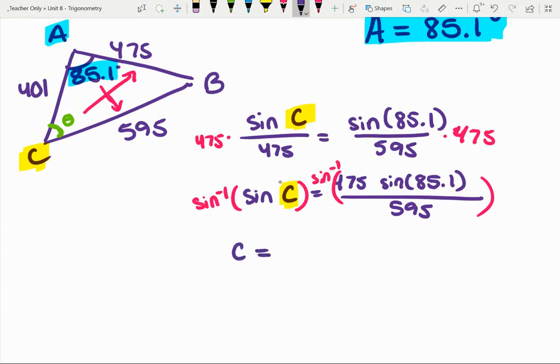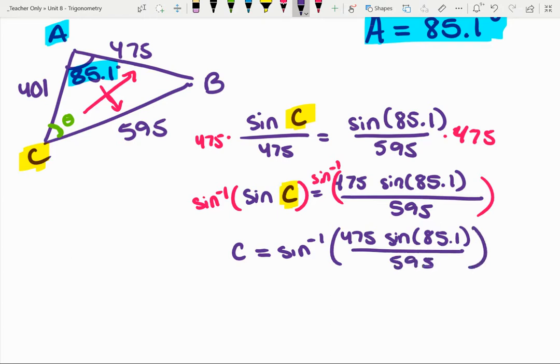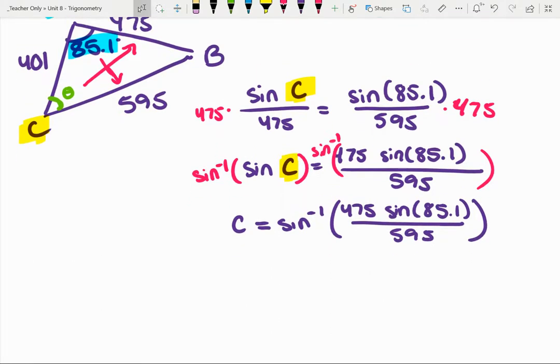So C will be equal to the inverse sine of 475 times sine of 85.1 degrees divided by 595. And again, for precision, I want to keep that all together until I'm ready to put it in my calculator. And when I do that, I'm going to get approximately 52.7 degrees.